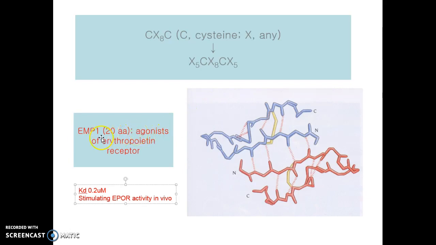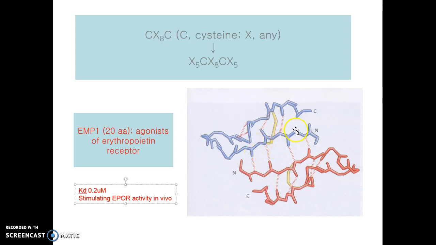The 20 residue long EMP1 they obtained shows a KD value of 0.2 micromolar and was shown to be stimulating EPOR activity in vivo. You can see the structure of the EMP1 dimer. In the presence of EBP, this EMP1 peptide forms a dimer.